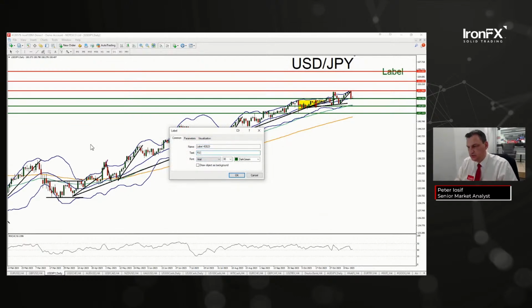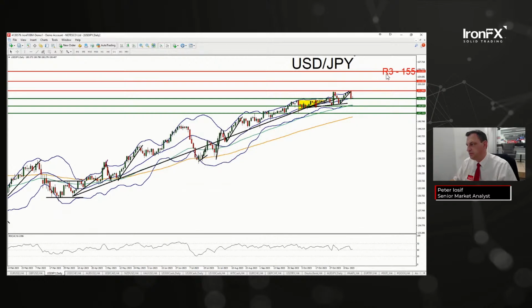R3 being placed at 155.80 in red. Now, definitely the retreat of USD JPY.